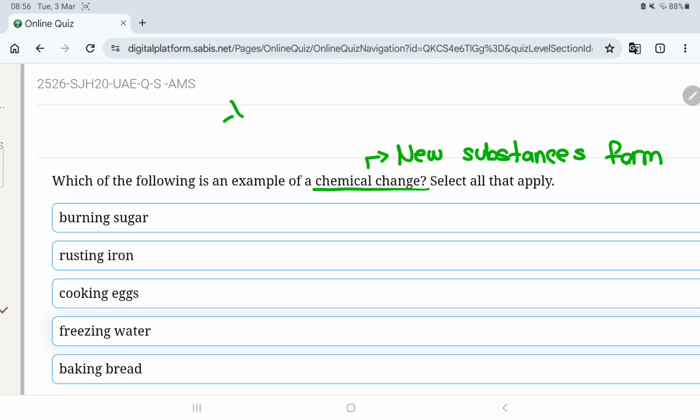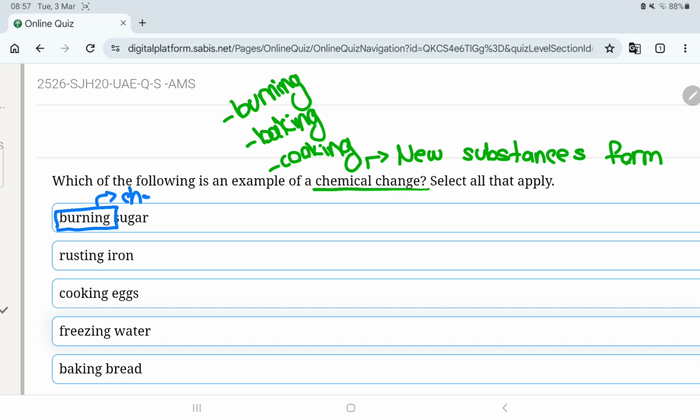Examples of chemical changes would be burning, baking, cooking, right? So let's see here. Burning sugar. Is a chemical change. Right? So this is correct.